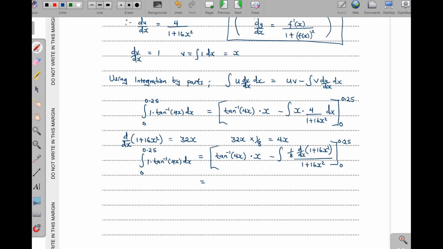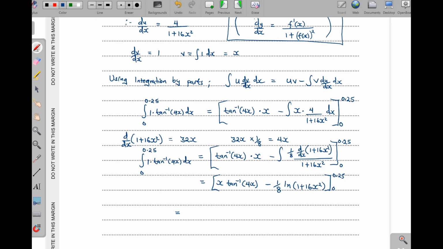Now, after this one here, we shall have x arctan of 4x. It is better to write this one first so that you don't confuse it with this. Then minus 1 over 8. This one is the exact derivative of what is down here, which means we are having the natural log of this denominator. Then we can put our limits, 0.25 and then 0.